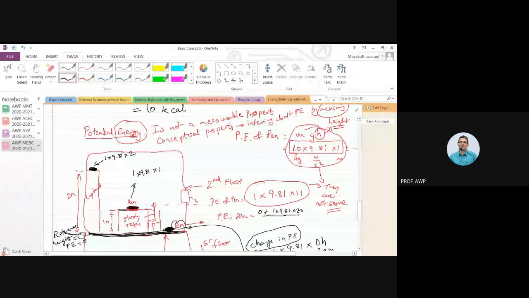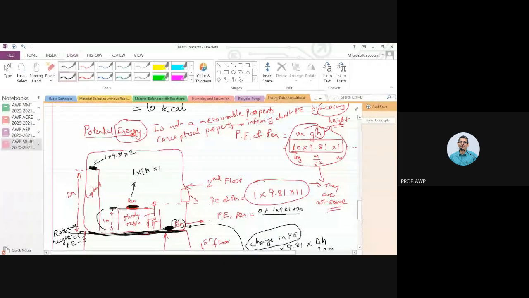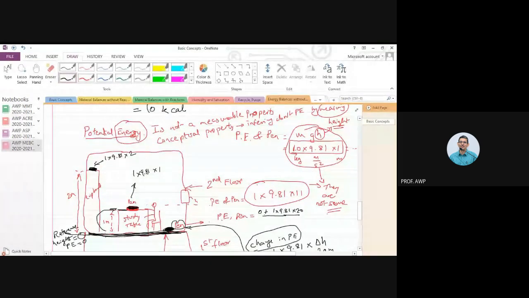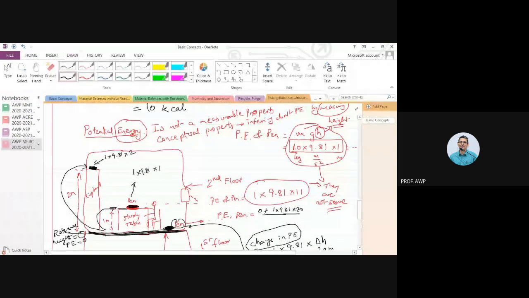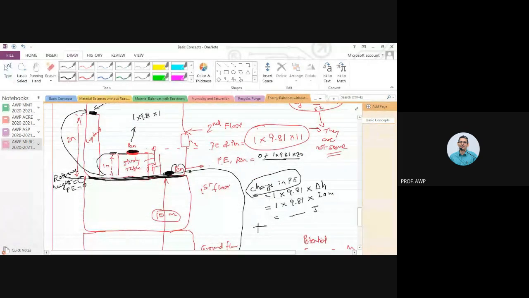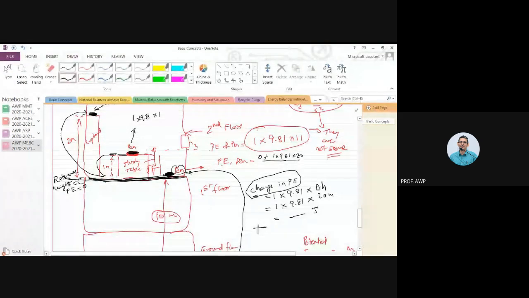Whereas that was only the change in potential energy required to bring the pen from the reference state to the top of the study table, or from this reference state to the top of the cupboard. What you had told me was the change in potential energy, but you told me the absolute value of potential energy because in your mind you had made this floor a reference. You had made this a 0 potential energy state.